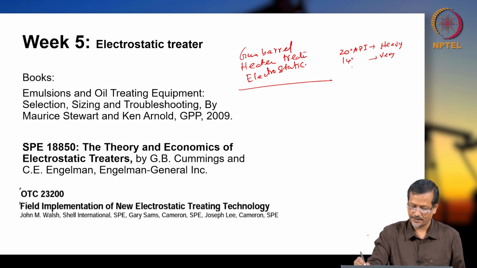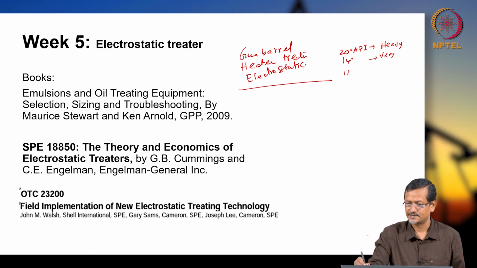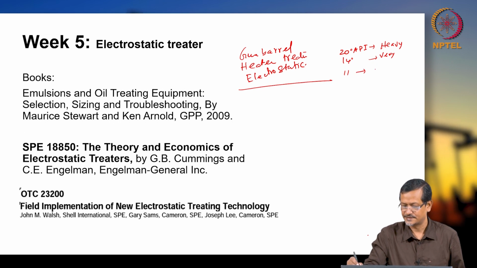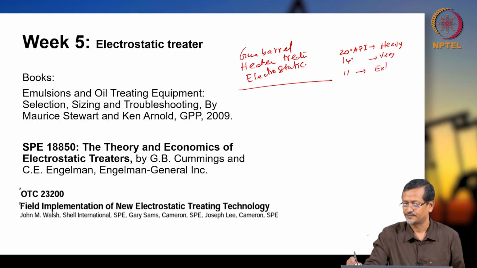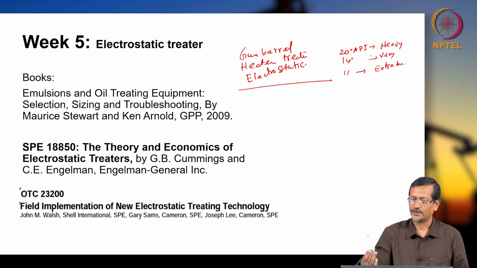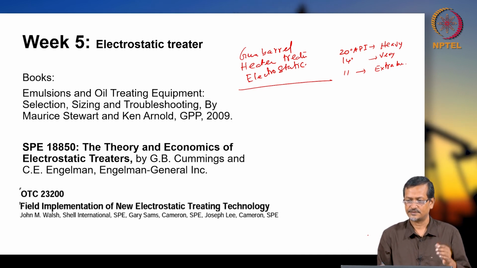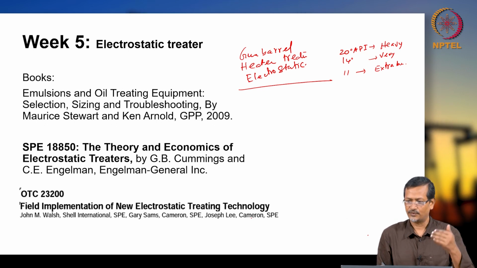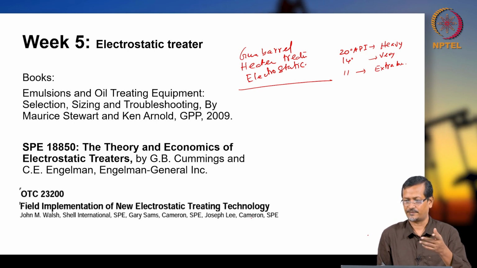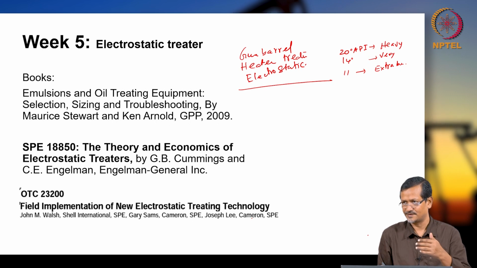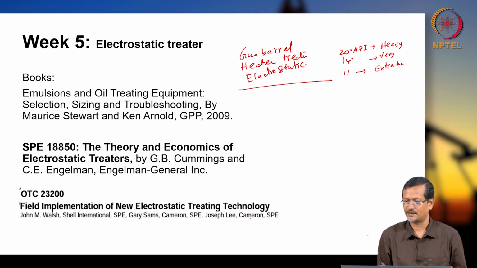And if it is 11-degree or less, then we can say this is extra heavy. So whenever any oil is 20-degree or less, you just say heavy oil. But if the API gravity is further lower, less than 11 or so, then you can say this is extra heavy oil.